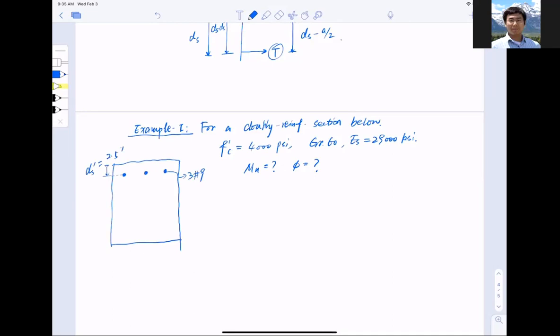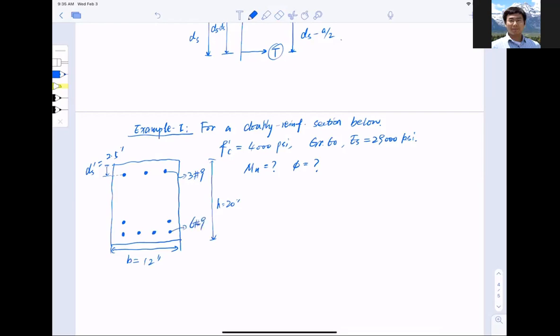The height of the section is h equal to 20 inches, and the width is b equal to 12 inch. On the bottom side where the tension is, I have one, two, three, four, a total of 6 number 9 bars.